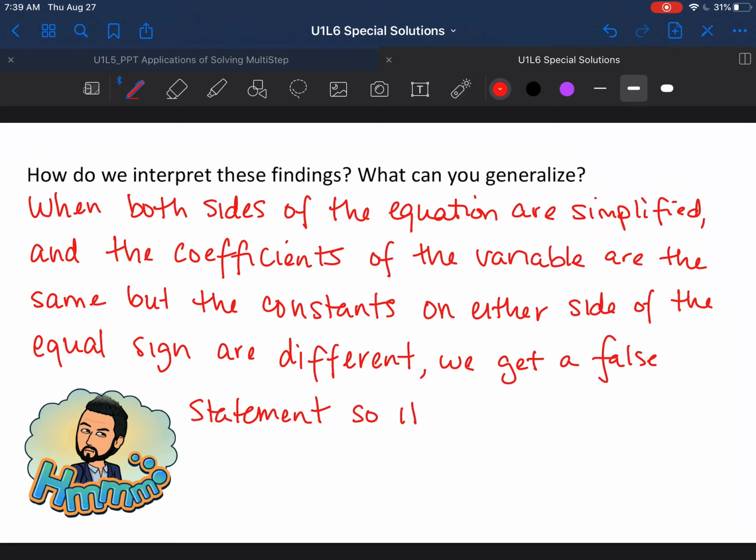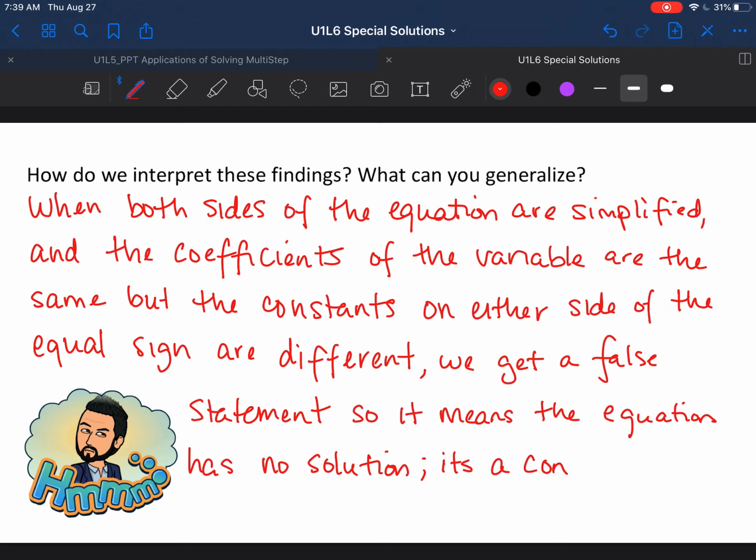So it means that the equation has no solution. This is what we call a contradiction.